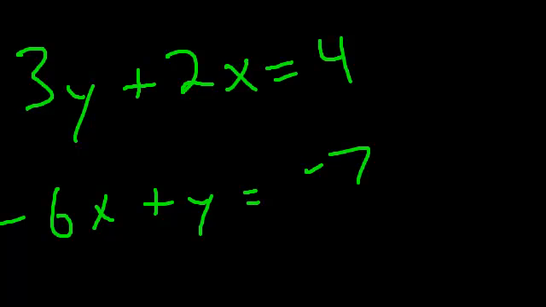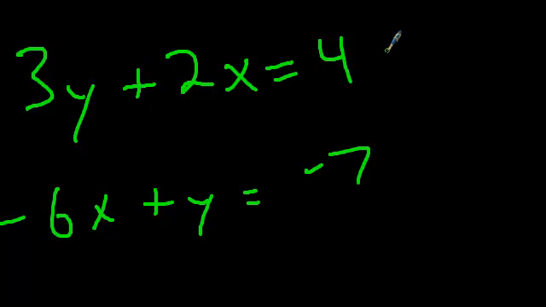Now, my personal recommendation is to always go as easy as possible. Make your life easy. If I solve for x up here, I got to divide everything by 2. I'll have like 1.5 and 2. And that's bearable, but it's kind of ugly. If I solve for y, I got to divide by 3. So I have like 2/3 and 4/3.